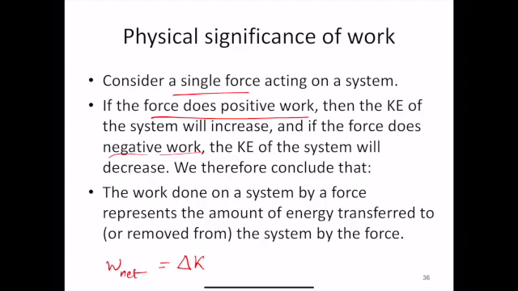And if the work done was, say, negative 10 joules, that means 10 joules of kinetic energy have been taken out from the system, right? So work done simply represents the amount of energy transferred to the system or removed from the system by the forces acting on the system.